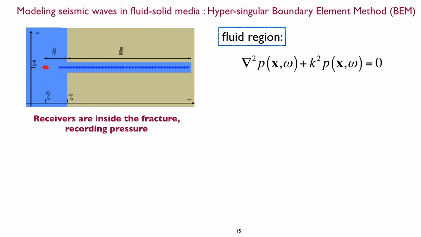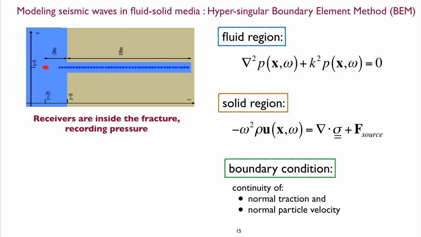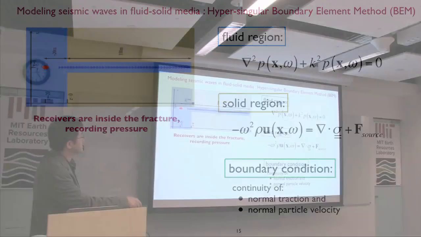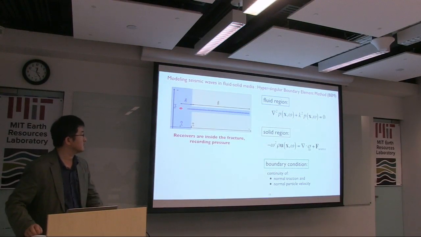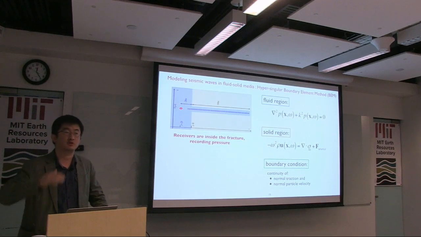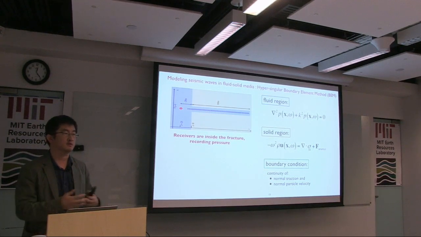We solve the Helmholtz equation. And in the solid region, we solve the Navier, the solid equation. And along the fluid-solid boundary, we apply the boundary condition, continuity of normal traction, and normal particle velocity. So just to ensure the boundary is continuous. There's no separation of the interface or no crossing over each other.